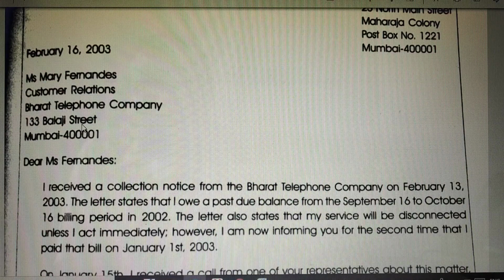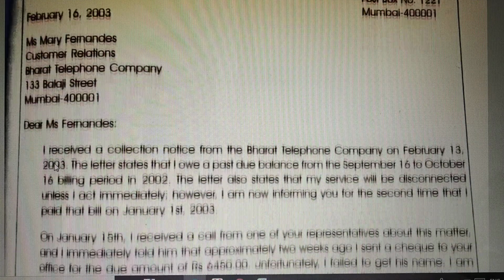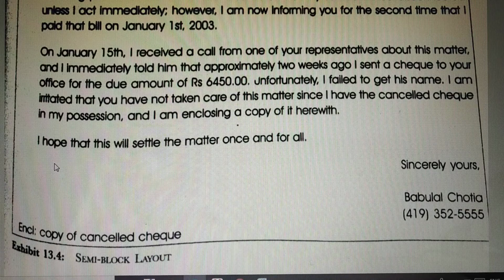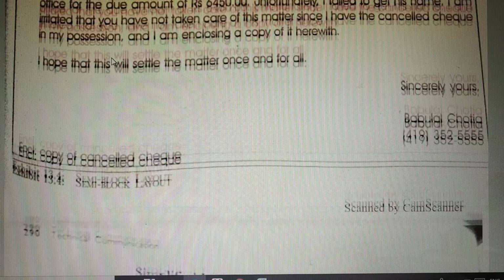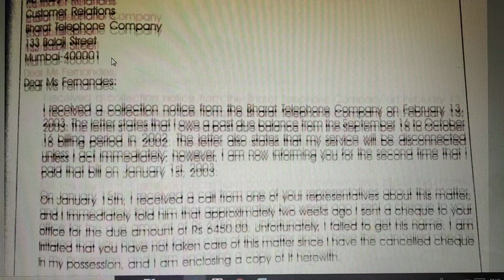Receiver's address should be on the left side, subject may be at the center, then salutation at the left side, main body of the letter should have justified order, then complementary clause at the right side, and enclosure should be at the left side. This is the letter writing structure or method or layout you should follow while writing a letter, especially a business letter. Thank you.